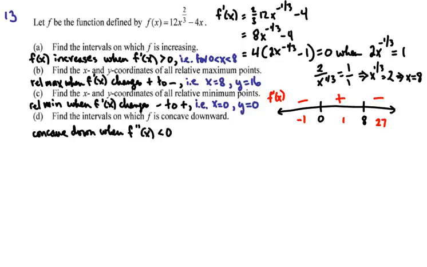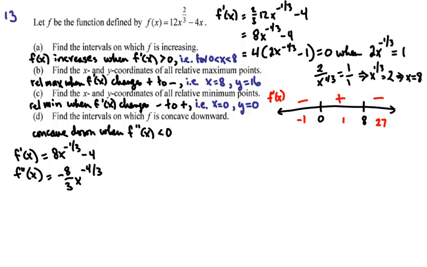Next, we want to find out where the function is concave down, and we know that it's concave down when the second derivative is less than 0. So if the first derivative is 8x to the negative 1/3 minus 4, then the second derivative will be negative 8/3 x to the negative 4/3.